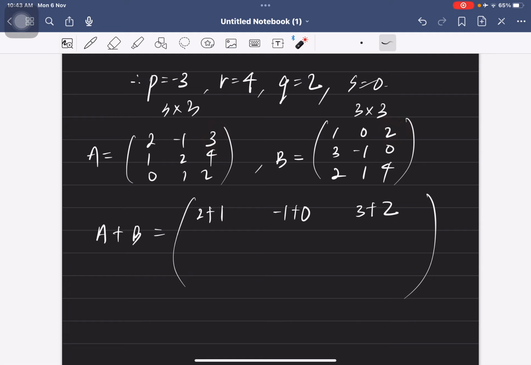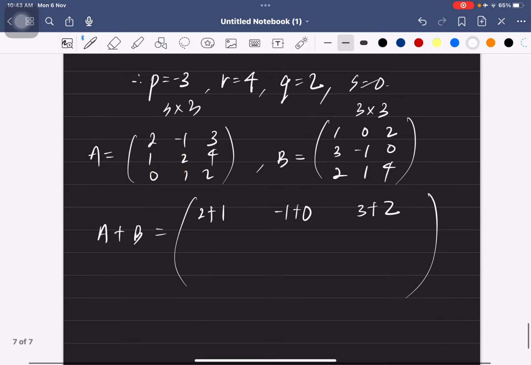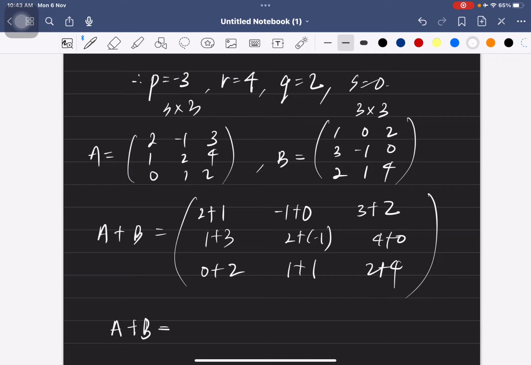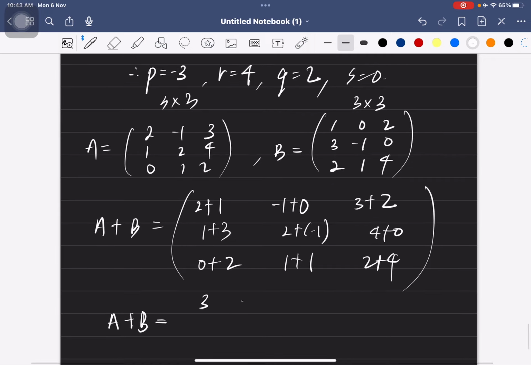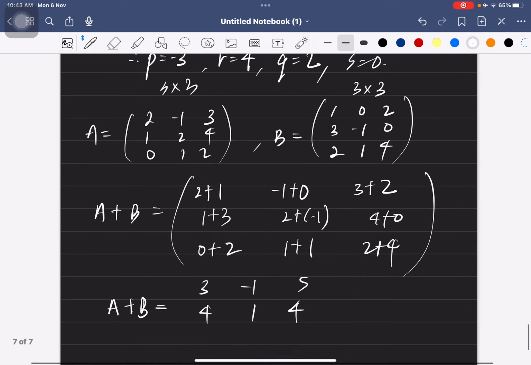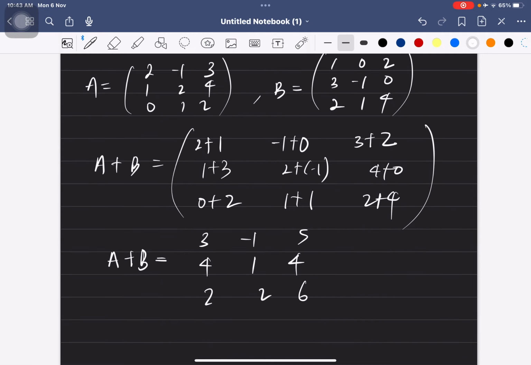You just compare the positions. 1 and 3, 2 and negative 1, and so on. So 1 plus 3, 2 plus negative 1, 4 plus 0, 0 plus 2, 1 plus 1, 2 plus 4. So the final answer A plus B is [3, negative 1, 5; 4, 1, 4; 2, 2, 6]. So this is what A plus B gives you.